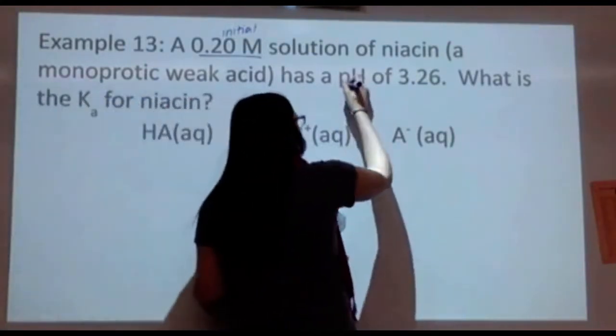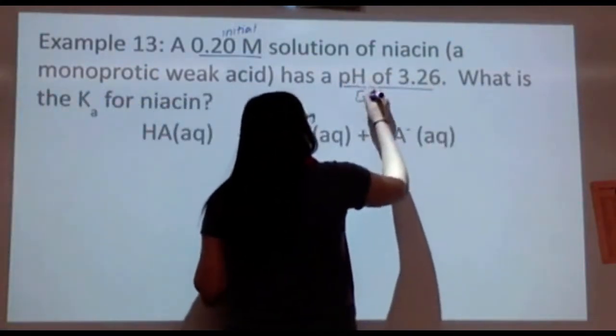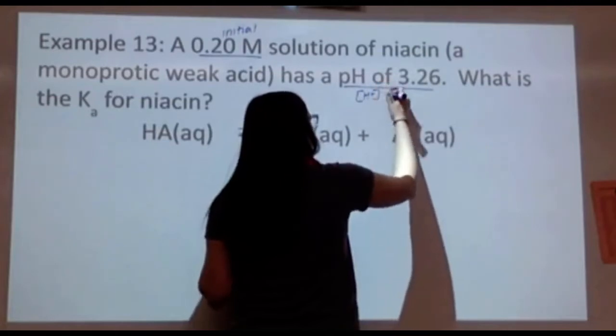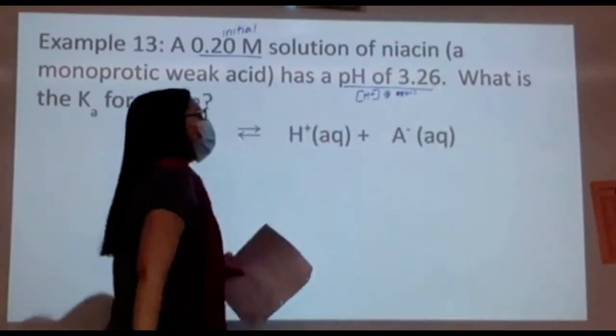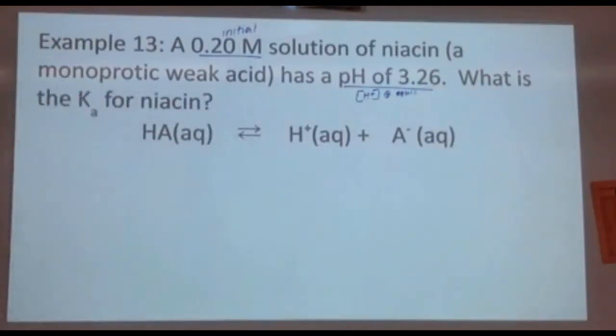If they give you the pH, the pH actually tells you the H plus concentration at equilibrium. So the pH of a solution is the H plus concentration at equilibrium. Now, when we work with weak acids, it's important that we remember that it's at equilibrium.